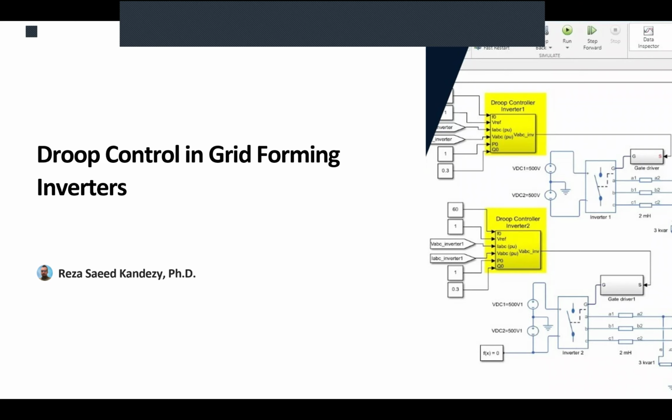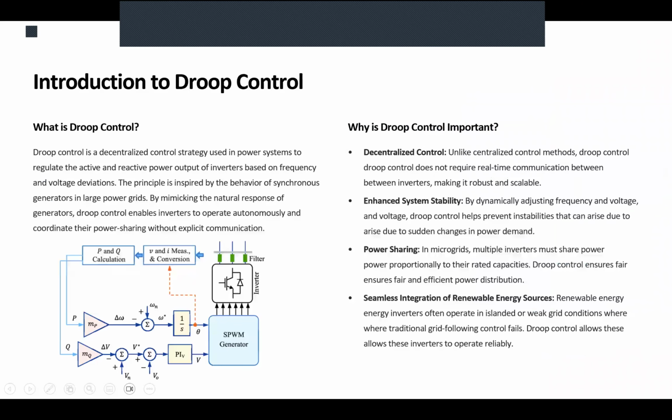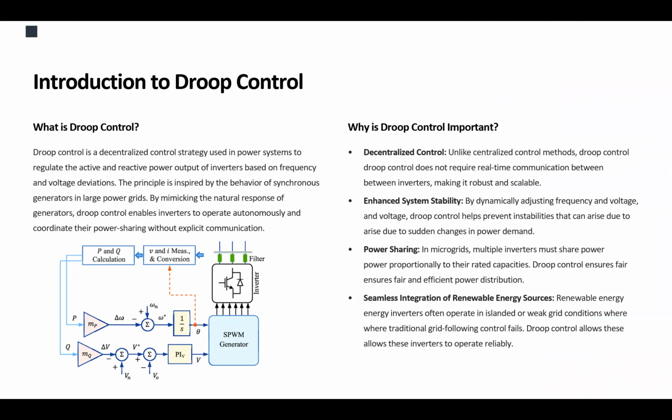Okay, let's continue. We said that the main control methodology that we use in grid forming inverters is named Droop control. But where did that Droop control come from? What is the definition of Droop control? Similar to the discussion that we had about grid following, when we put our focus on the control system, because that is what drives the switches, here we are going to do the same.